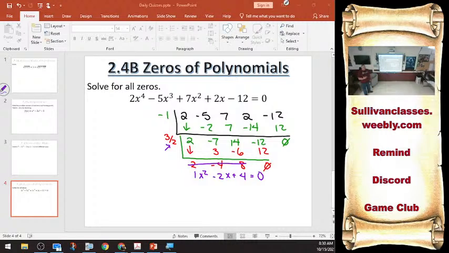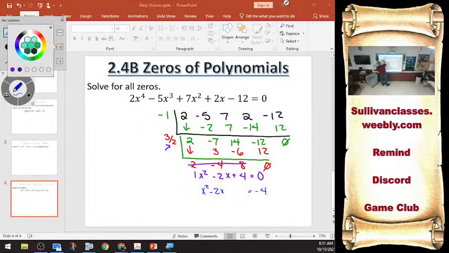The whole point of this is take big polynomial and break it down to quadratic, because I know how to work with quadratics. And just to annoy you and show you that it's possible, because you're going to have to do it twice per problem when we hit chapter 7, I'm going to say x squared minus 2x is -4 and complete the square.